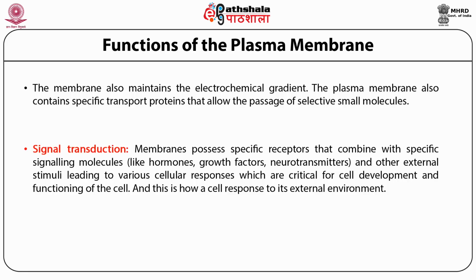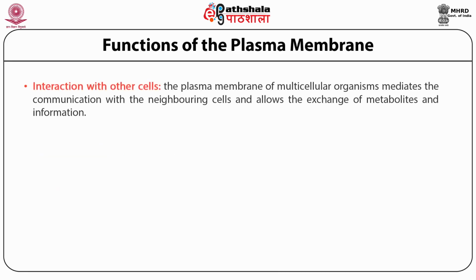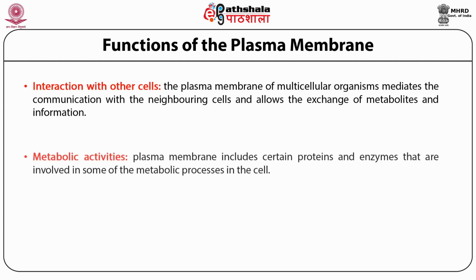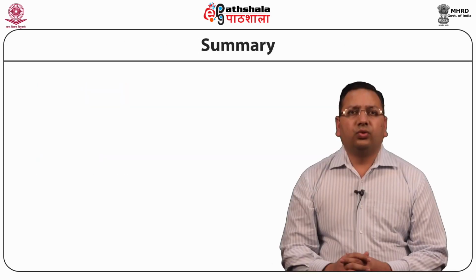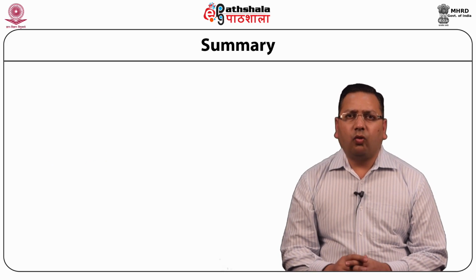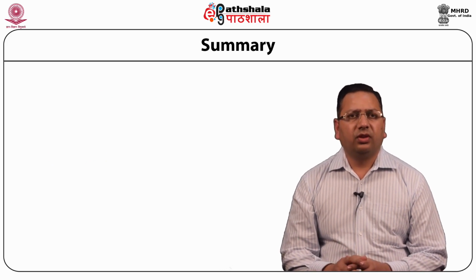This is how a cell responds to its external environment. The plasma membrane of multicellular organisms mediates communication with neighboring cells and allows the exchange of metabolites and information with other cells. Moreover, the plasma membrane includes certain proteins and enzymes that are involved in some of the metabolic processes of the cell.